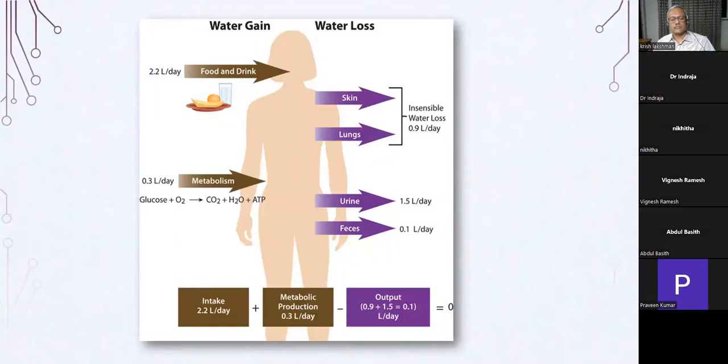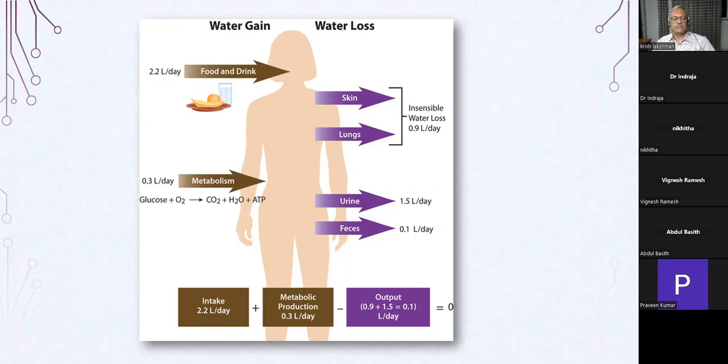So as we talked about the regulation of osmolality and homeostasis, what basically determines the homeostasis of the fluids in the body is the intake, the output and the metabolism which happens within the body in a day. On a general day, we take around 2.2 liters of water through food and the liquids we take in.